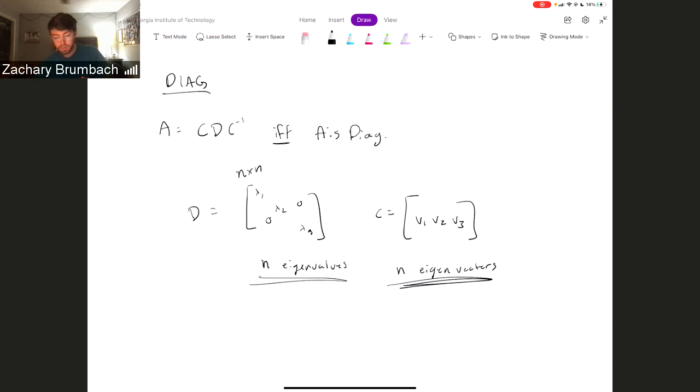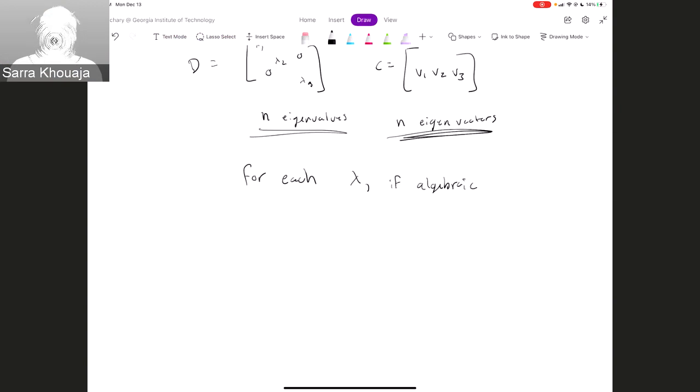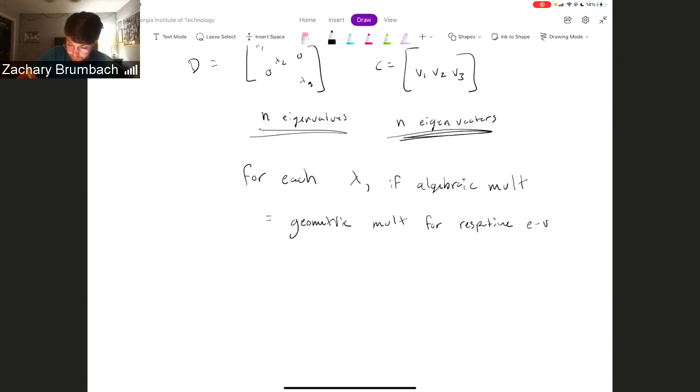That means the same thing as: for each lambda, if the algebraic multiplicity equals the geometric multiplicity for respective eigenvectors, it is diagonalizable.